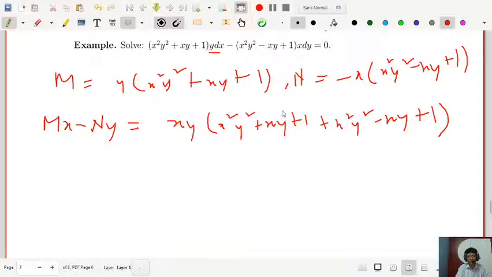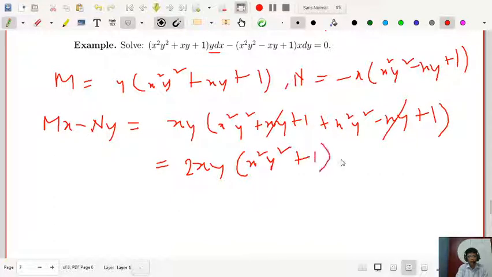So that xy gets cancelled. So you have 2xy into x square y square plus 1, and this is not equal to 0 if xy is not equal to 0. So your integrating factor is 1 by Mx minus Ny.